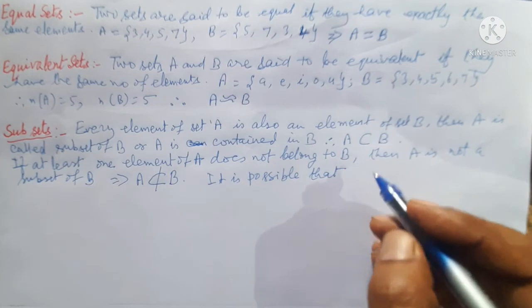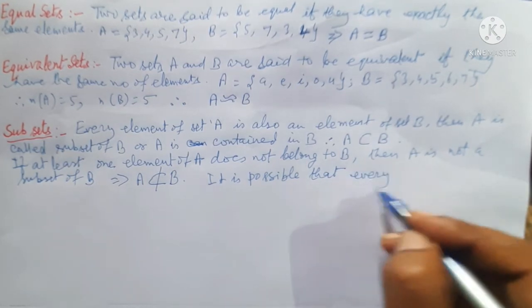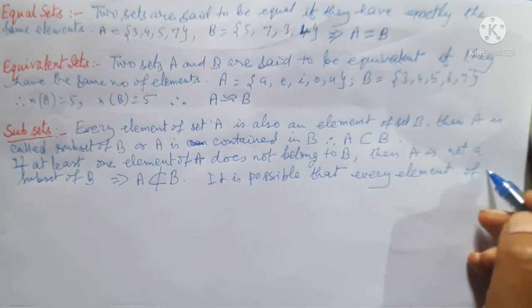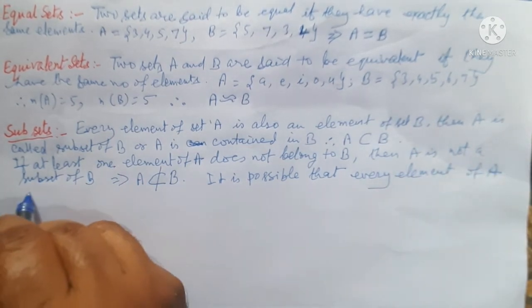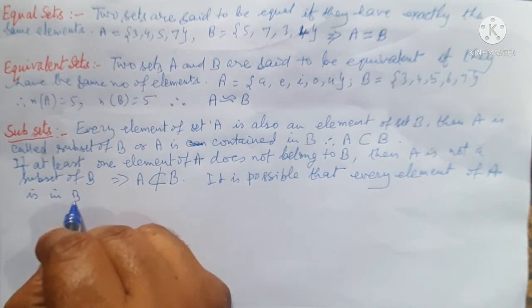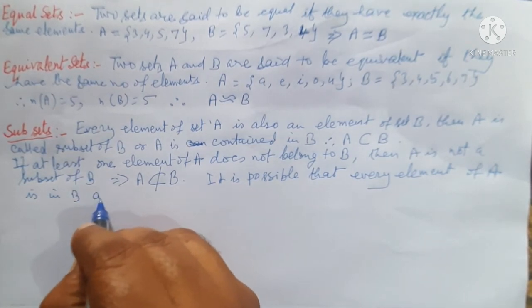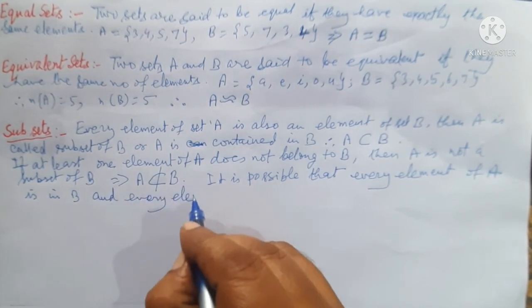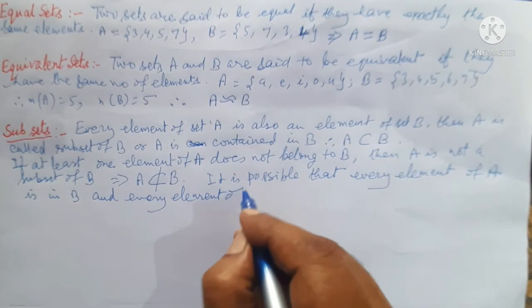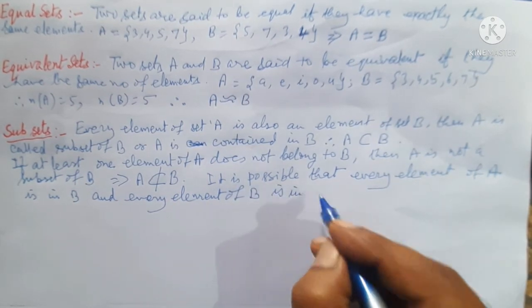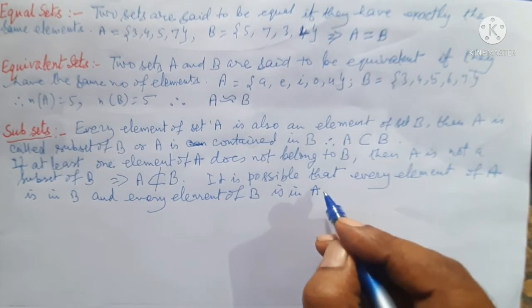It is possible that every element of set A is in B, and every element of B is in A. All right.